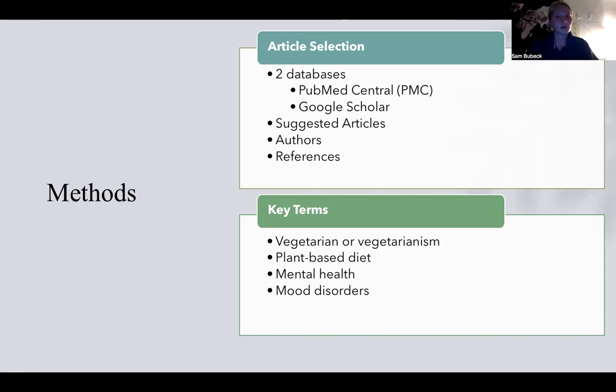And I believe that's because the term hasn't been coined for as long as vegetarian or vegetarianism. So plant-based is still a newer term to the research realm. In addition, I used the key term mental health and the key term mood disorders. I had a lot of luck with the key term mental health, a little less luck with mood disorders.